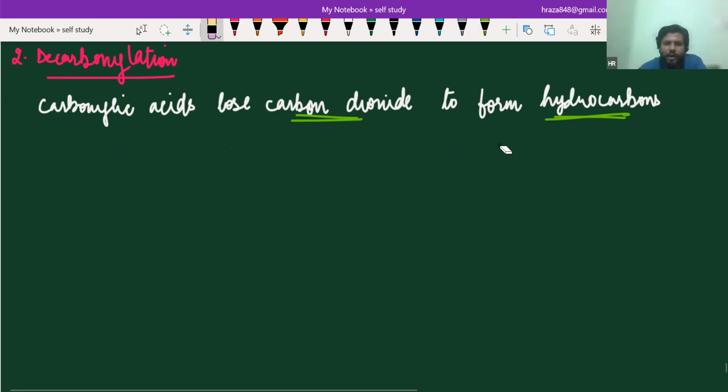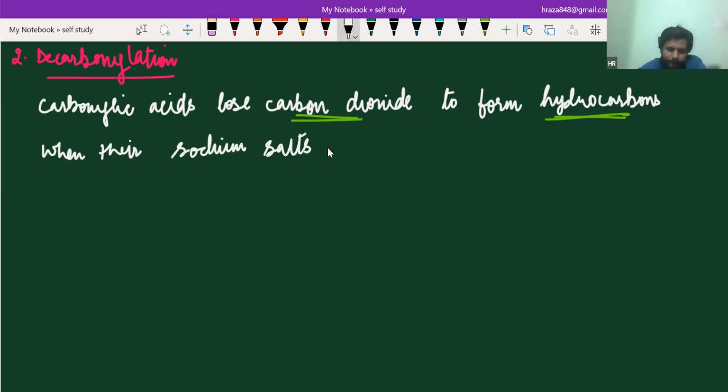So you can see carboxylic acids lose carbon dioxide to form hydrocarbons when their sodium salts are heated with soda lime.